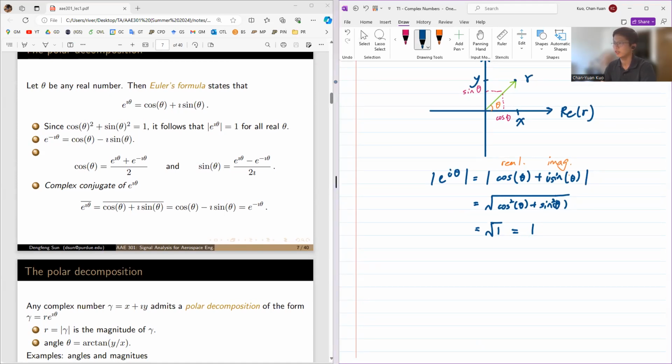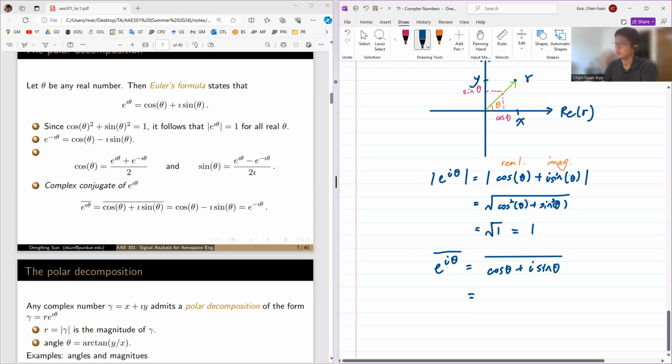Here are some other things that you may need to know about e to the i theta. The first thing is that the complex conjugate of e to the i theta is the complex conjugate of cosine theta plus i sine theta, and this equals cosine theta minus i sine theta.